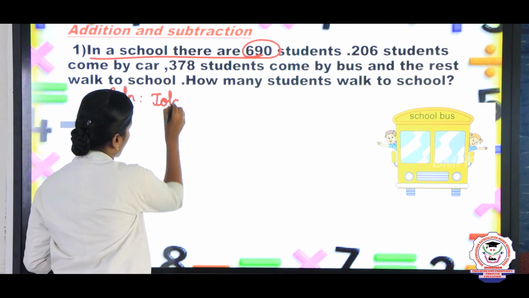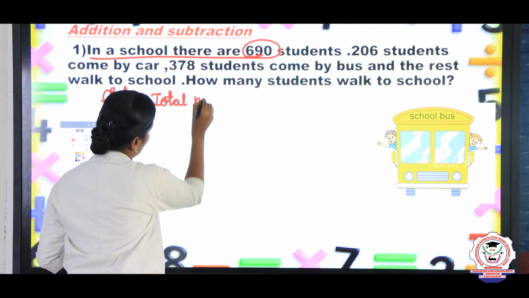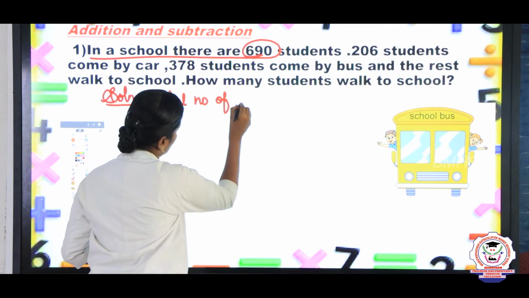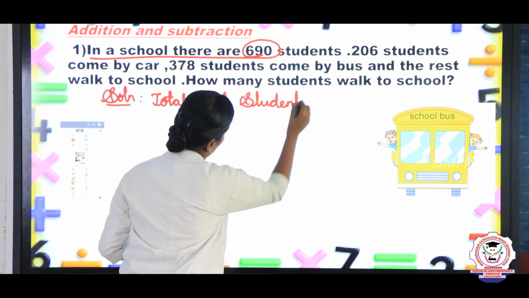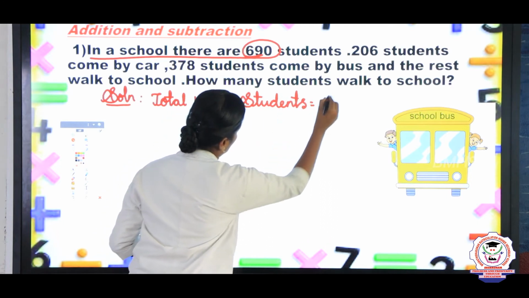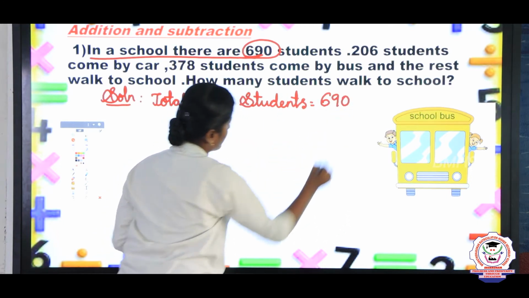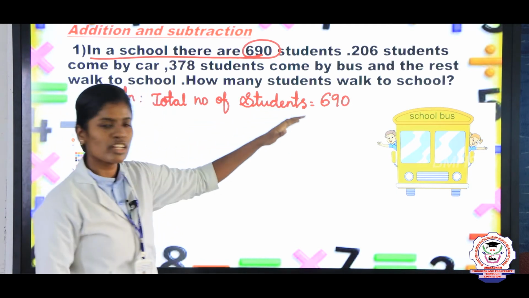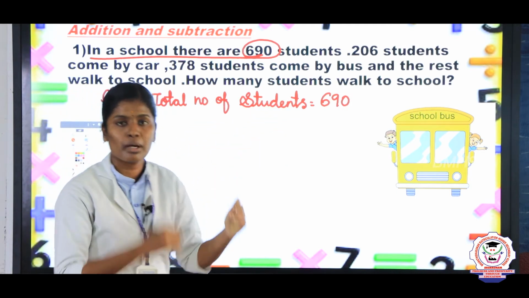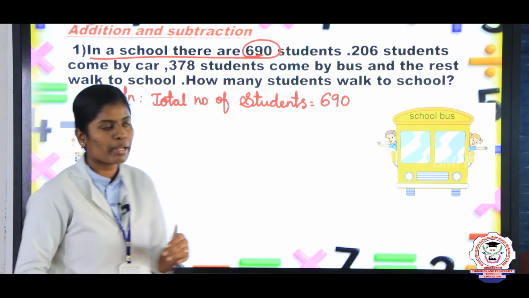Total number of students equal to 690. Next you are going to write the number of students who come by car and the number of students who come by bus.